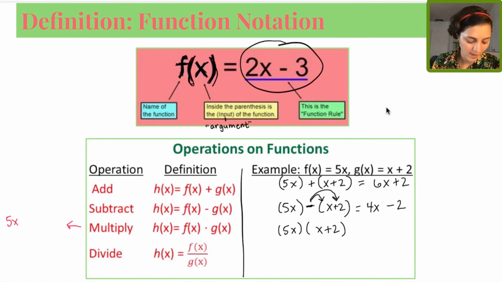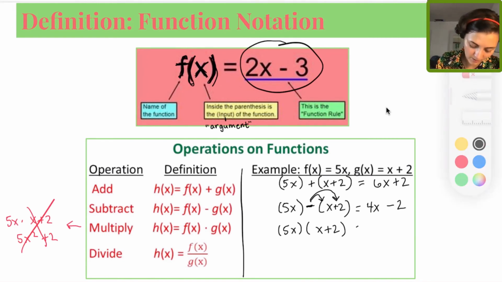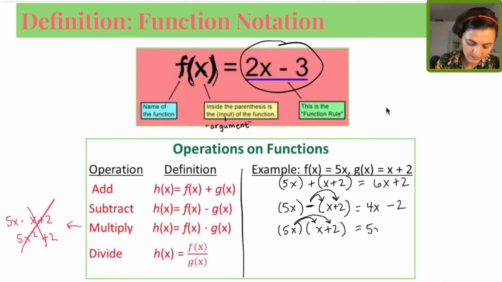And if you write it that way, you only need to multiply 5x times x, and we'd get 5x squared plus 2. And this is wrong. That's not right. If you have parentheses and do it the correct way, you distribute the 5x to everything. So we get 5x squared plus 2x.